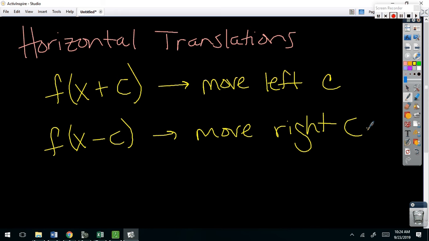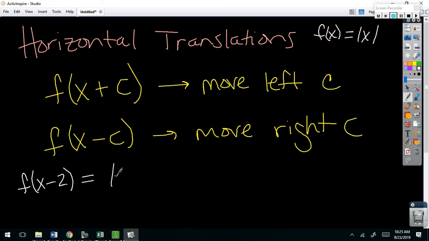Okay? So if I take my same f of x, we're going to run absolute value in the ground here. If I define f of x as the absolute value of x, okay, what would this look like? Let's say I had f of x minus 2.